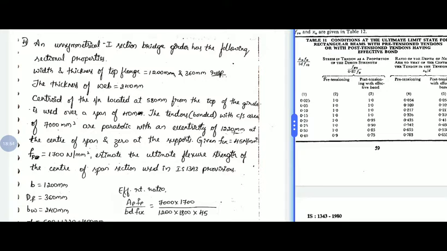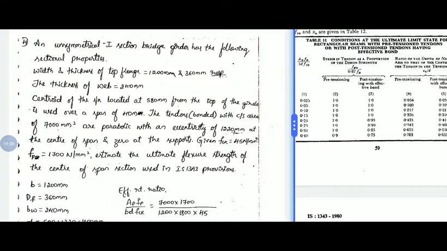The tendons are bonded with a cross section area of 7000 mm square, are parabolic with an eccentricity of 1220 mm at the center of the span and 0 at the supports. Given FCK equals 45 Newton per mm square and FP 1700 Newton per mm square, estimate the ultimate flexural strength of the center span section using IS 1343 code provisions.